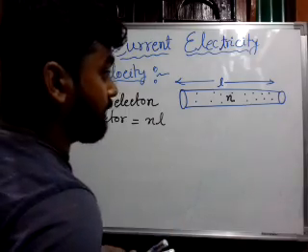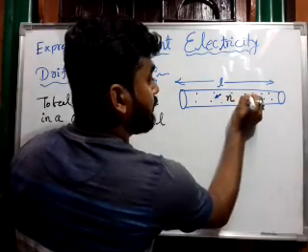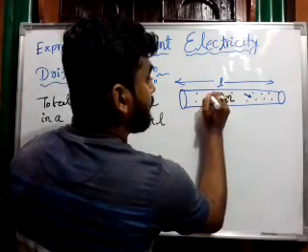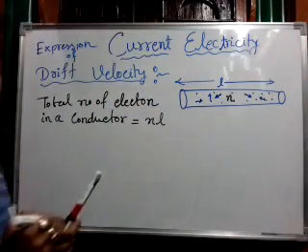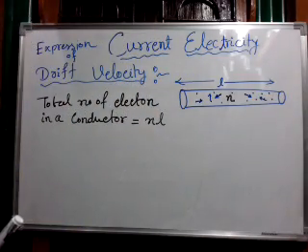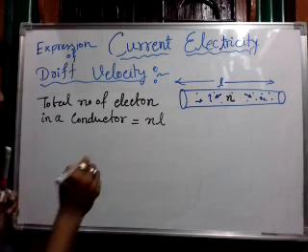At room temperature, electrons move randomly. There is a thermal average velocity.